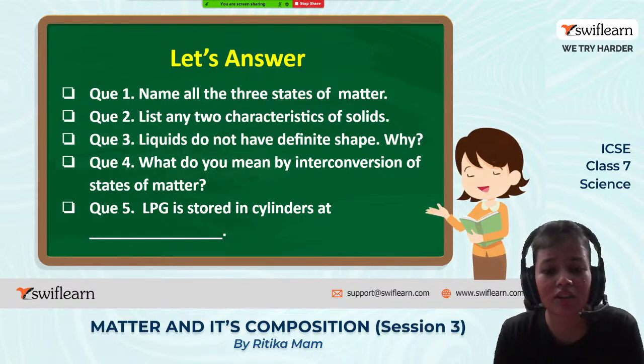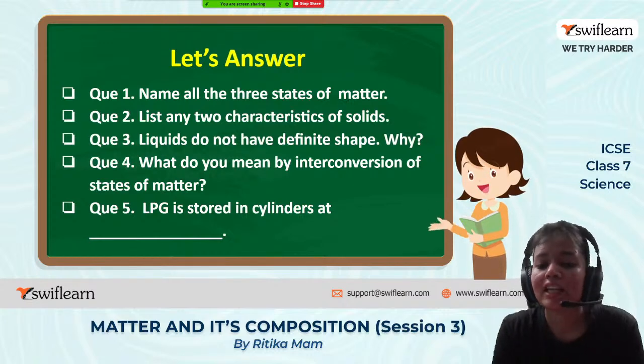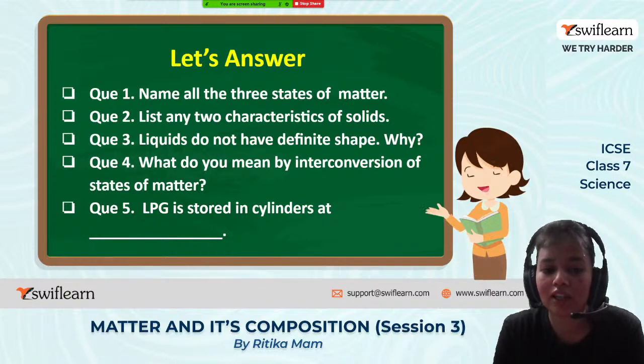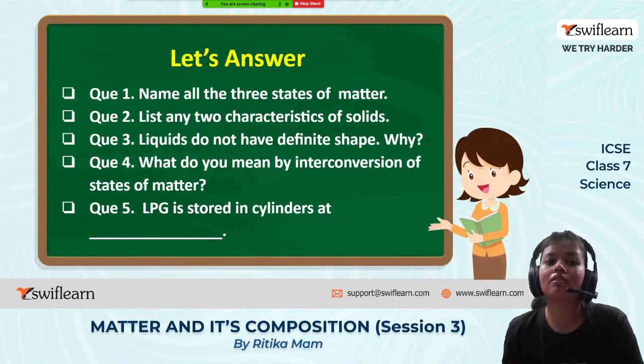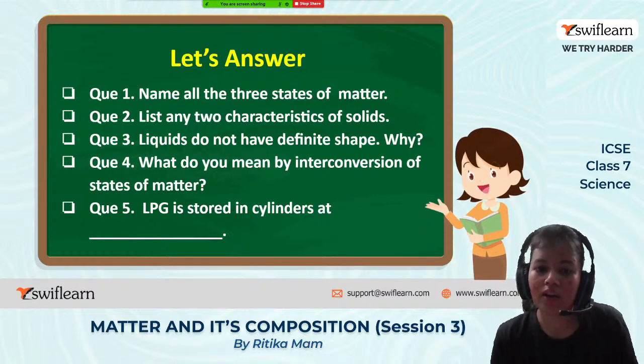They are very rigid. The interparticle space between particles of a solid is very less, and therefore attraction is very, very high. Liquids do not have a definite shape. Can you tell me why? They just take the shape of whatever container they are poured in, because they are not rigid, and they can mix up.